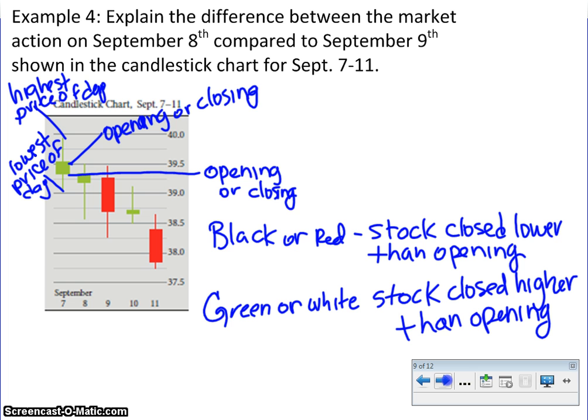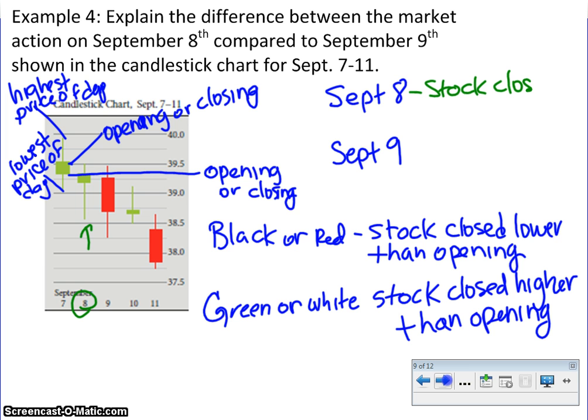So let's take a look at the days they're talking about. It says here between September 8th and September 9th, the differences. Well, the 8th is this second day here. It's in green, so we know the stock closed higher than it opened.